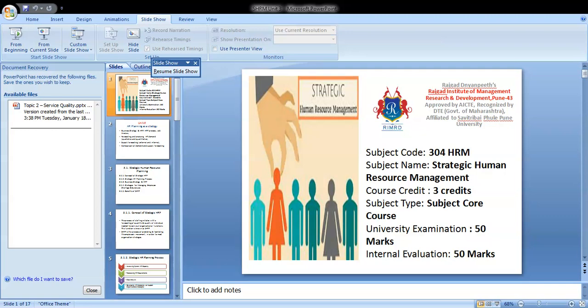Then the next point is purposes and uses of job analysis. So there are different purposes and uses of job analysis. We will see all these points one by one. Starting from point one, that is HRP, human resource planning.